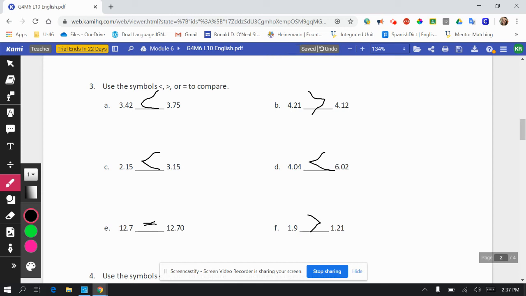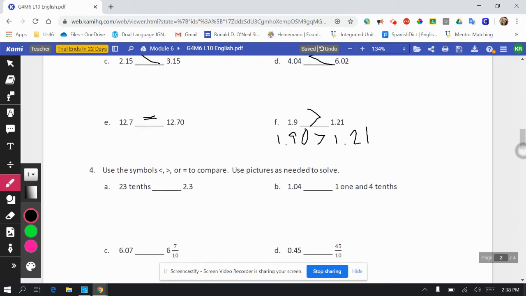Do you know why? Another way to say 1.9 is 1.90, which, hopefully that's obvious why it is larger than 1.21.